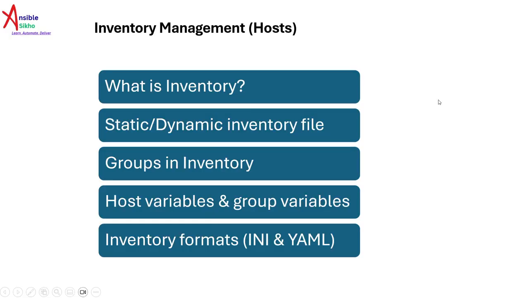Here we are going to see what is inventory. The inventory is where Ansible gets information about which servers to manage and which server to configure. Whatever servers are not available in the inventory list will not get any kind of connection establishment. So we will learn static inventory and dynamic inventory.